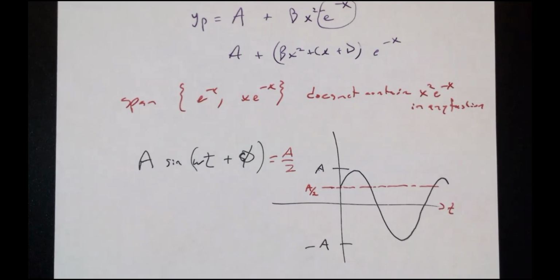The one we did yesterday, what was our forcing function yesterday? For the driven motion. What was the f of t part in the example we did at the end of class?